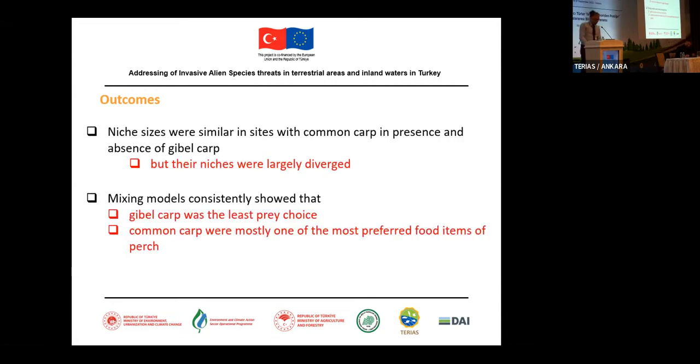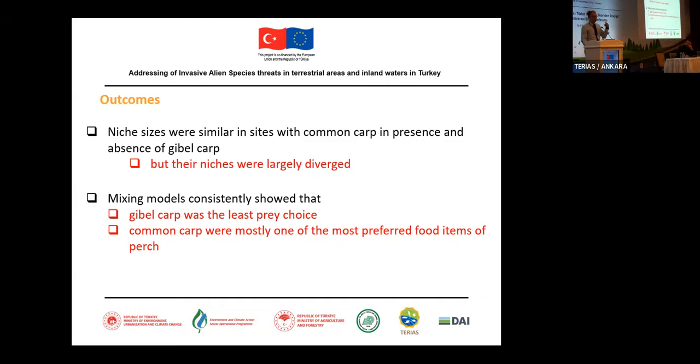The other important 2 outcomes, I'm getting to the end. Niche size was similar with common carp in presence and absence of gibel carp, but their niches were largely diverged. And mixing models consistently show that gibel carp was the least preferred prey choice, but common carp was one of the most preferred food items of perch. There were 2 other more preferred food items, but our focus here was to test between common carp and gibel carp.